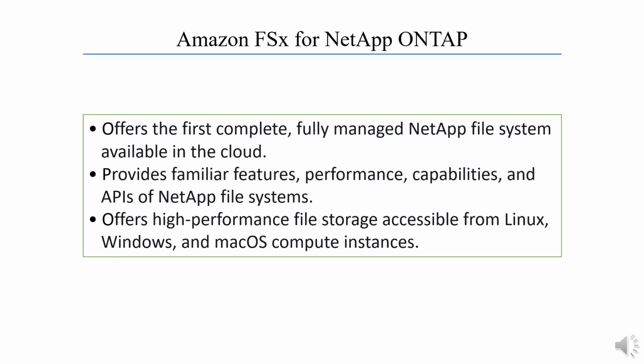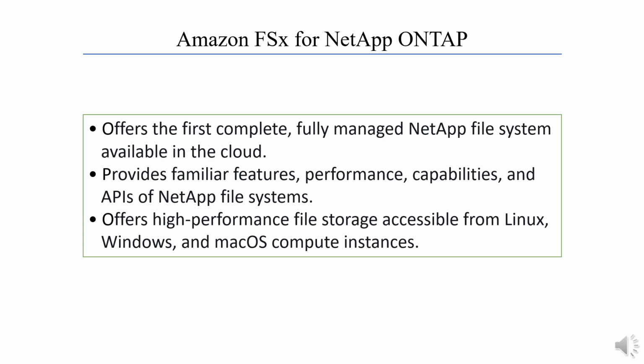Amazon FSx for NetApp ONTAP. Amazon FSx for NetApp ONTAP offers the first complete, fully managed NetApp file system available in the cloud, making it easy for you to migrate or extend existing applications to AWS without changing code or how you manage your data.